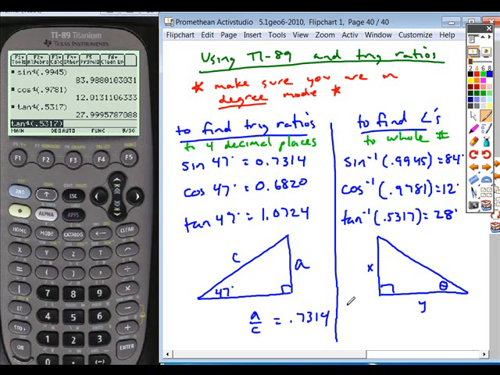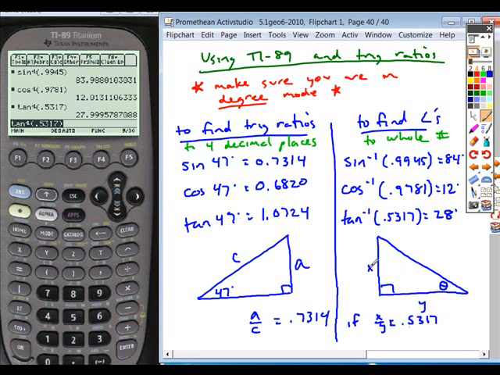What it's saying is, if the ratio of x over y is given as 0.5317, so with respect to this angle, that's the ratio.